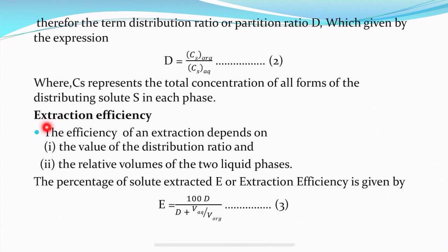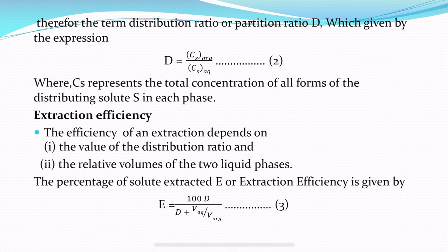And next what we have to see is the extraction efficiency. What is meant by extraction efficiency? The efficiency of an extraction depends on two concepts, that is the value of the distribution ratio, and the second one is the relative volumes of the two liquid phases. Okay.